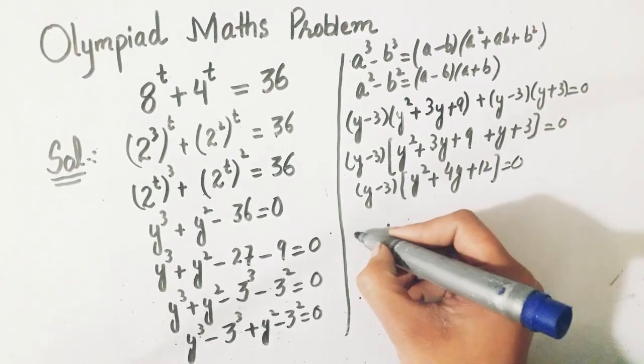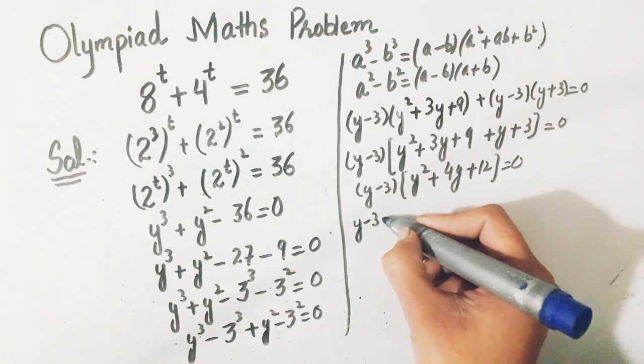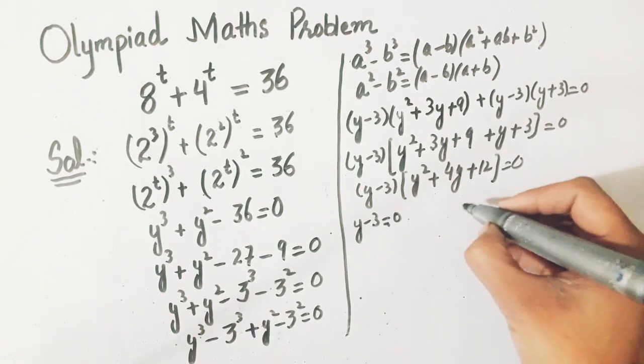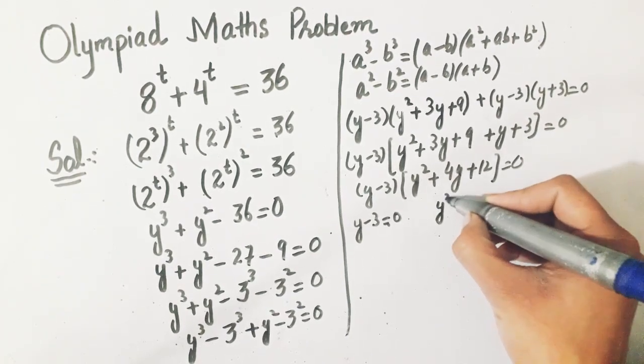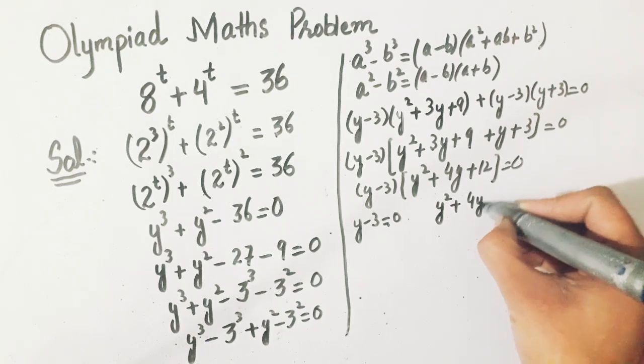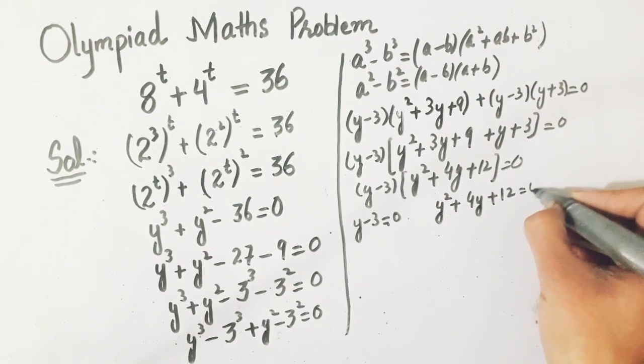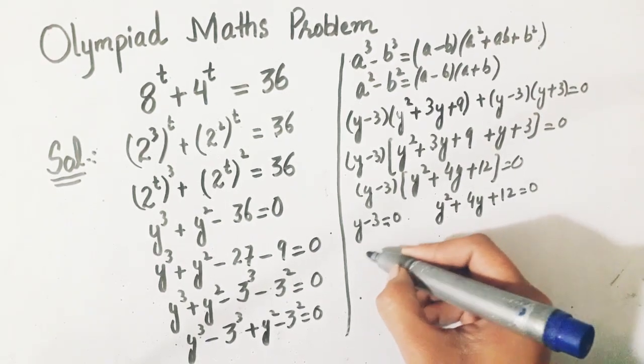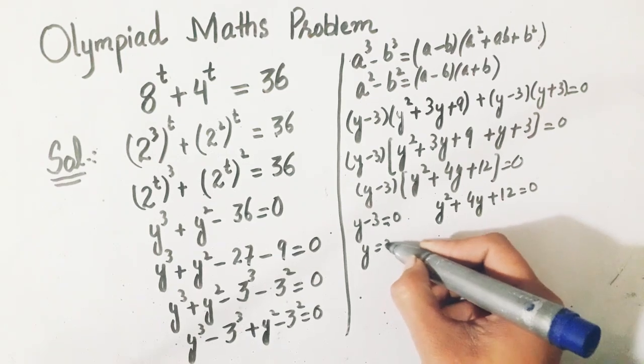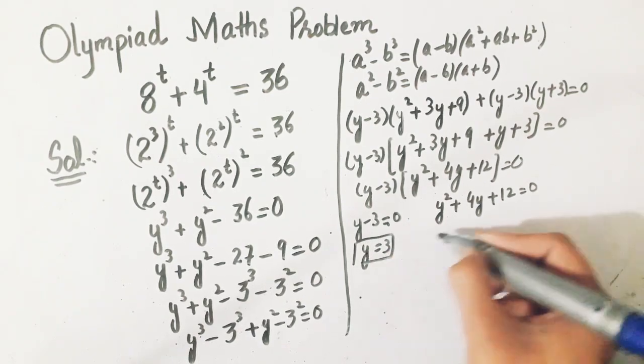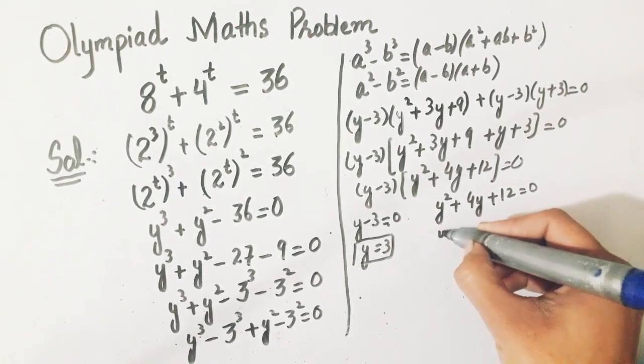We have two possibilities, y minus 3 equals 0 and the other one is y square plus 4y plus 12 equals 0. Now the value of y is 3, and here we will apply the quadratic formula.